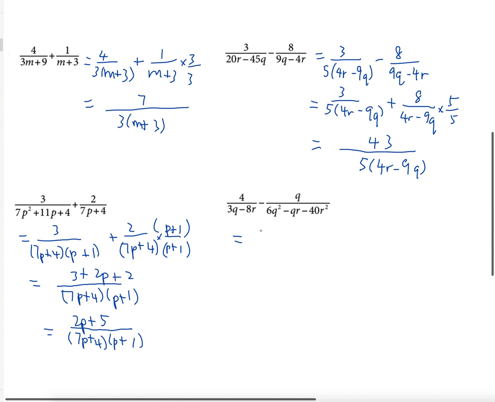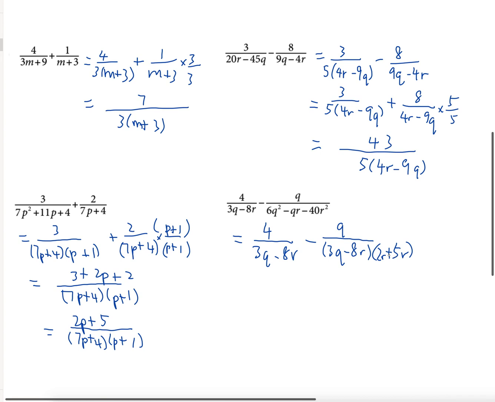So again, factorize the denominator, and once again we can guess that we have the same factor of 3q minus 8r. And to get a 40 we have a 5r, and to get a 6 we need a 2r, and this is negative, so this has to be positive.